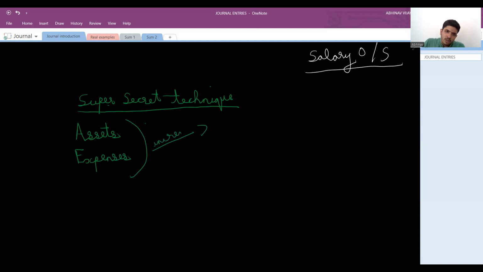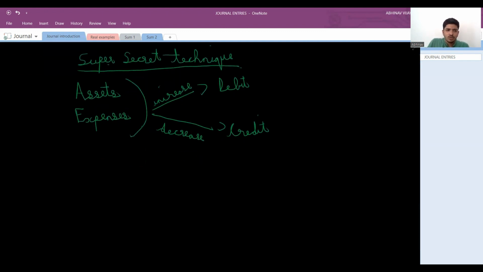When they increase, you have to debit. When they decrease, you have to credit.